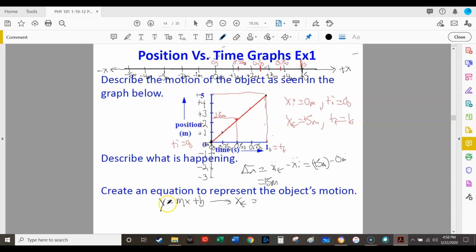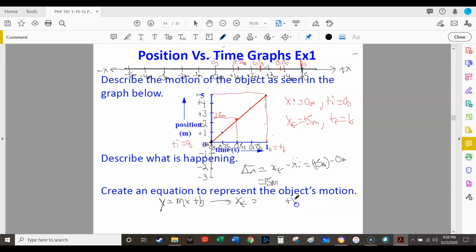In this general equation, you're trying to predict the final data point on the y-axis using the x-axis. All right. Well, where did the object start out in this? Well, it started out at the 0 meter mark, right? Well, that is the y-intercept in this case.